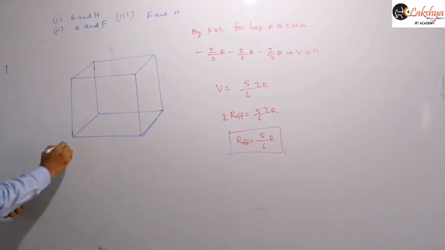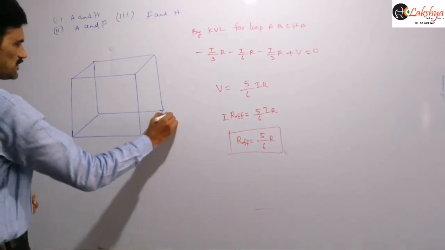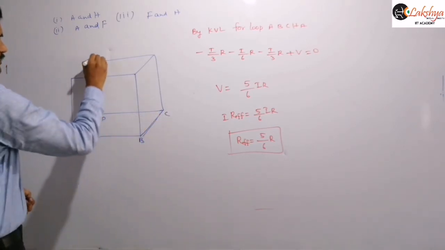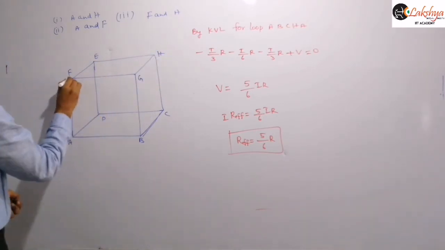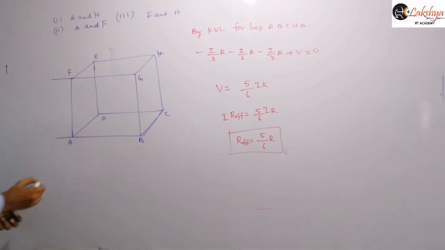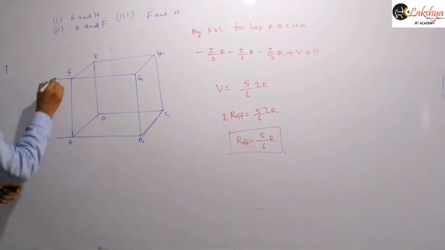So this is what we consider A, B, C, D, and this is E, F, G, H. Now we are going to find the effective resistance between these 2 points. Current is entering here and it is directly leaving at this point.